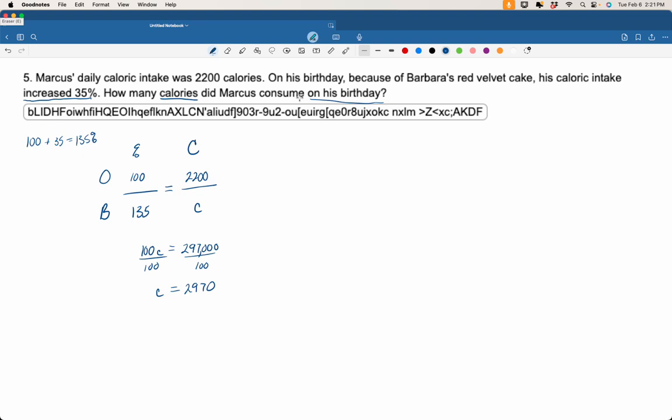So you've got to be able to read these word problems and understand the language that's being used and what it is asking you to solve for. Because it was asking for the total amount of calories, we had to add that 35% to the original 100 to see what the increase total would be. So that's how you would do that. So pay attention to the language.